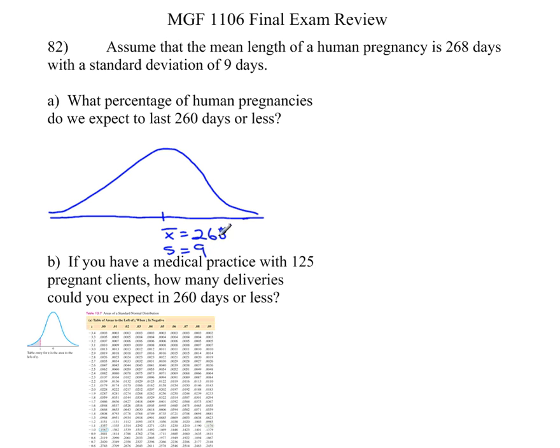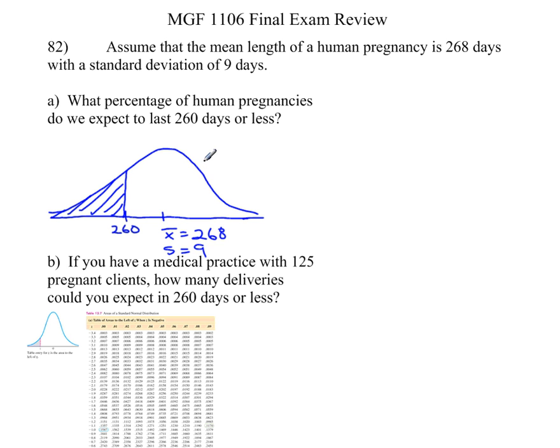Well, 260 days is to the left of 268 somewhere. So we're going to be looking for the percent of area that the shaded region represents relative to the entire curve. Now, if you remember, the entire curve represents 100%, so we're going to be looking for what percent this is.